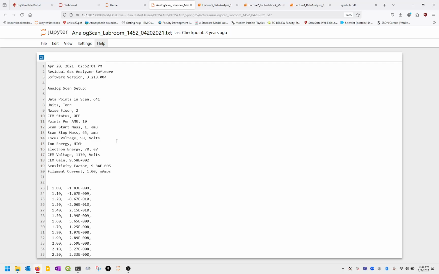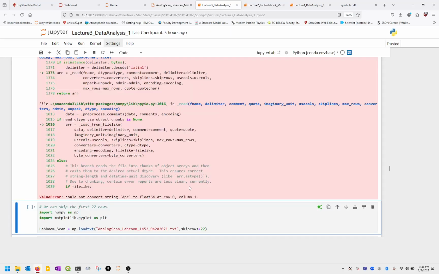So the first thing we need to do: as a data set, we don't want it to store April and filament current 1.0 milliamp, all this stuff. We don't want that in there. What we want is to have it skip the first 22 rows. Guess what the function to do that is called?